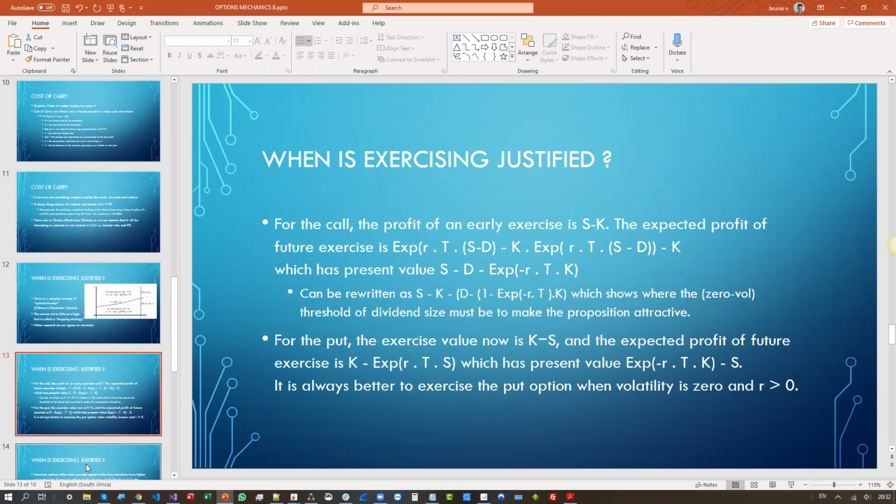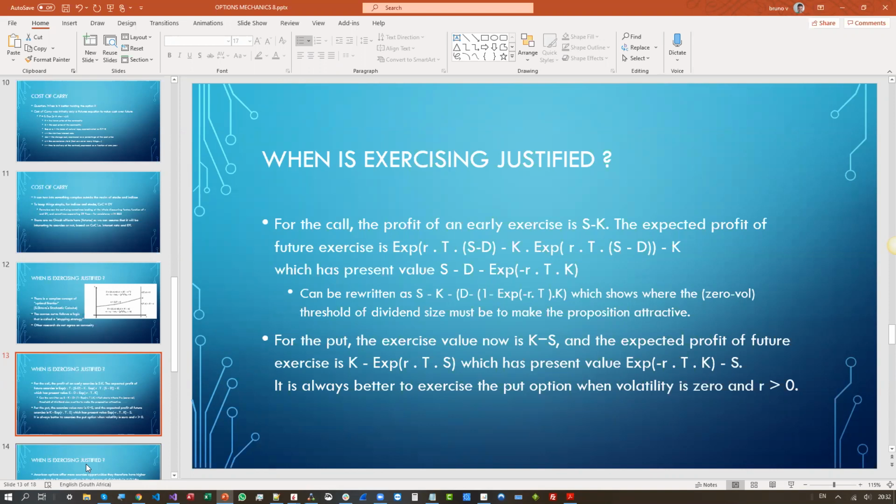Here I've put a little bit of theory, but basically the profit of exercising is the underlying minus the strike. I mean, that's the intrinsic value of it. And without going into the detail of the statistics, you start discounting the value of what you would be forfeiting. So that's S minus D minus exponential of.